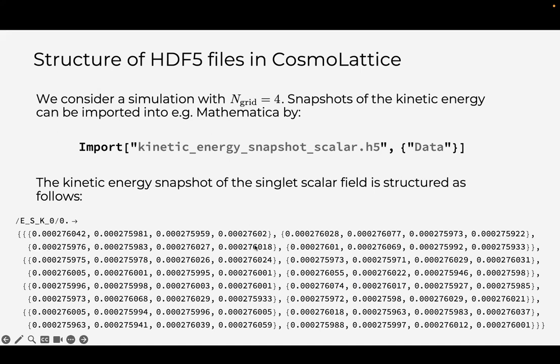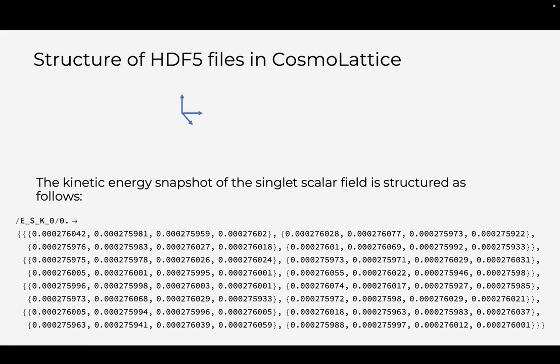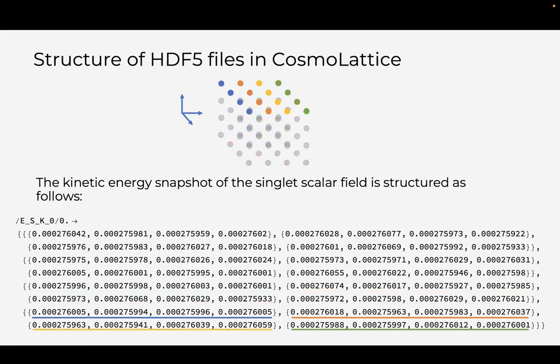So this is the whole snapshot. Since we have only 4 grid points, it's fairly small, but it gets bigger for larger N grid, and you can simply imagine, right? So all these different sub levels of your list here really make up your whole lattice. Yeah, and this is what we want to plot eventually.